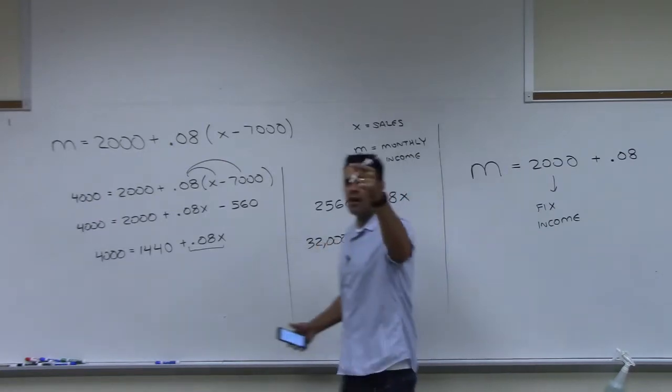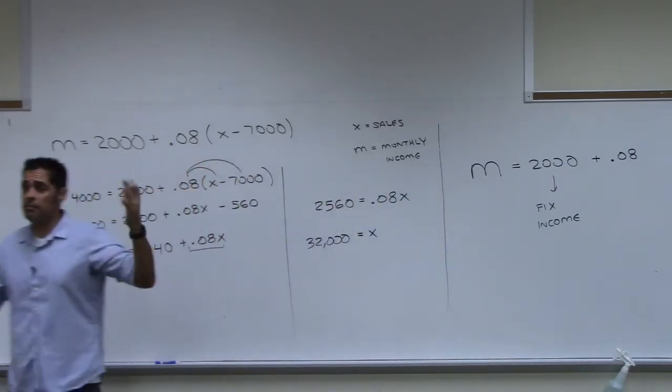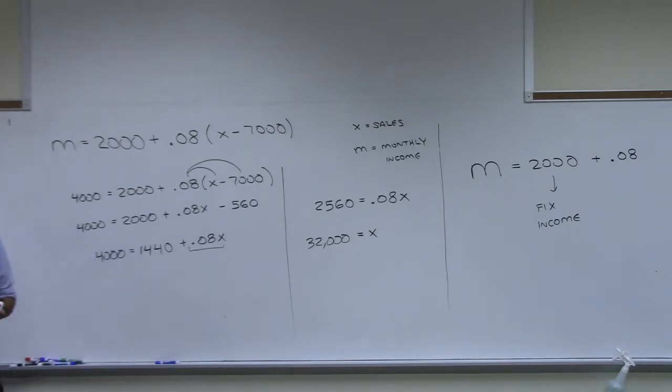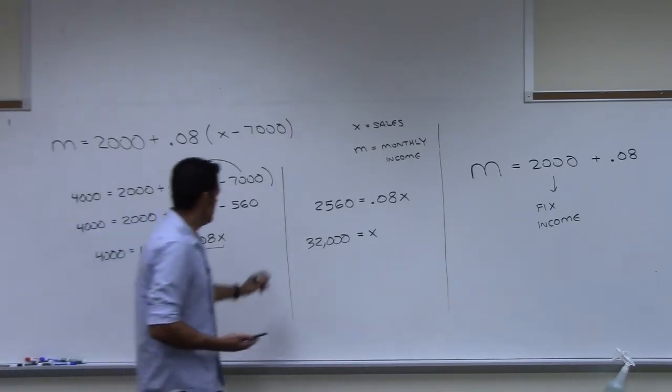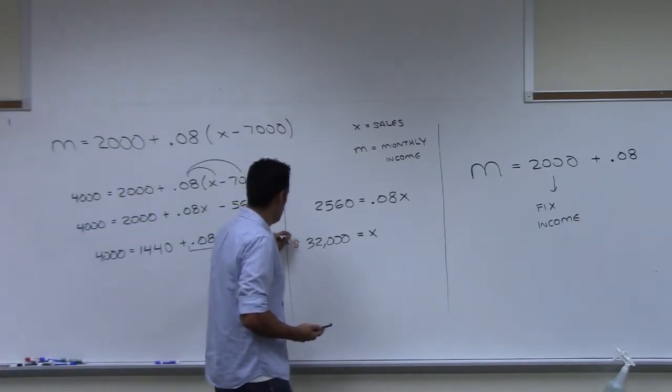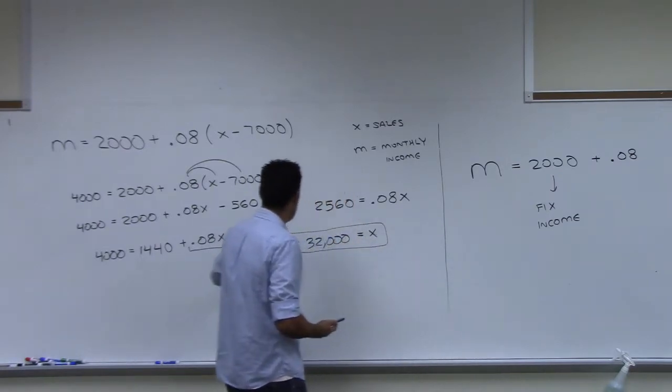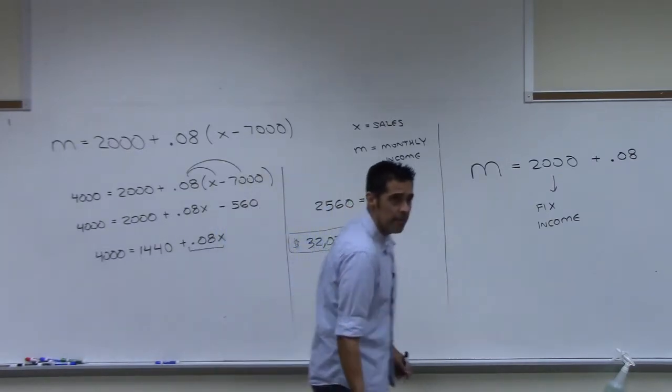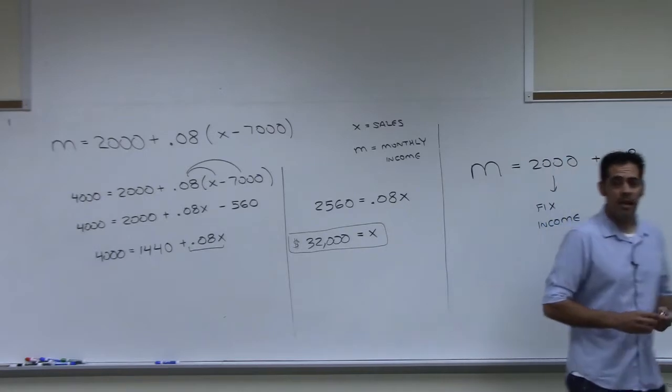So I'm not sure how you got 32,000 without the 4,000, but it might have been kind of a lucky thing that happened. Because you need the 4,000. If we change this to 5,000, things are going to be different. You should get a different answer. So they've got to sell $32,000 worth of cell phones in a month to make 4,000.